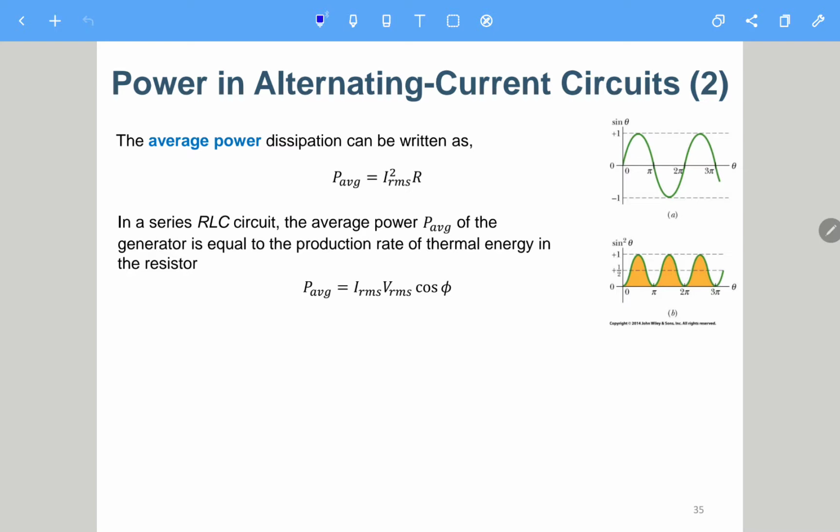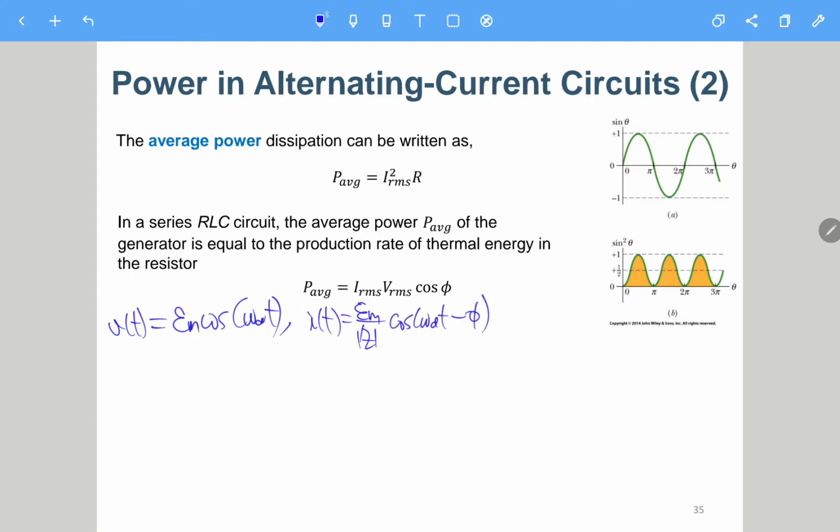because you can simply imagine, just now we have V of t to be Em cosine omega dt, and then we have I of t to be Em over Z, where Z is the impedance, R plus j omega L minus 1 over j omega C, and then cosine omega dt minus phi.